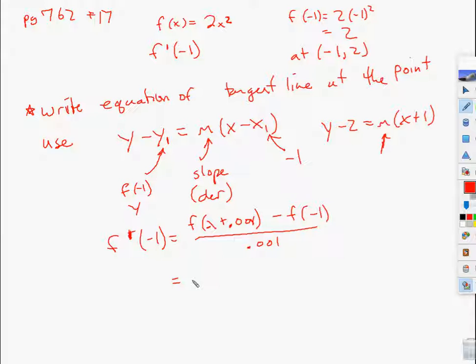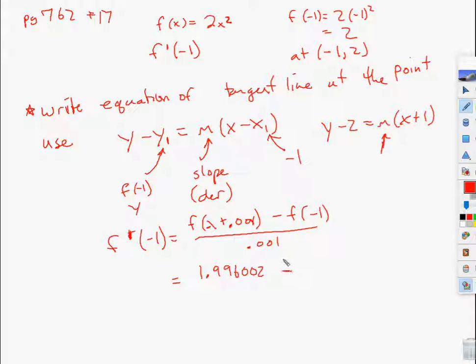We'll do an estimate. So f of, we're going to do 2 times -1 plus 0.001. Oh, I forgot to square it. So it needs to be squared.